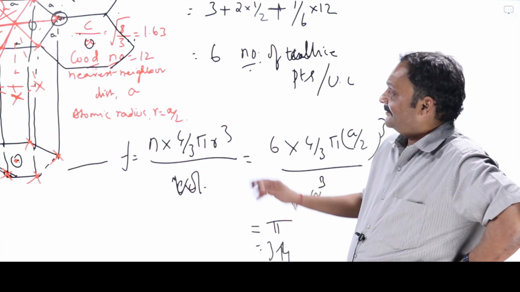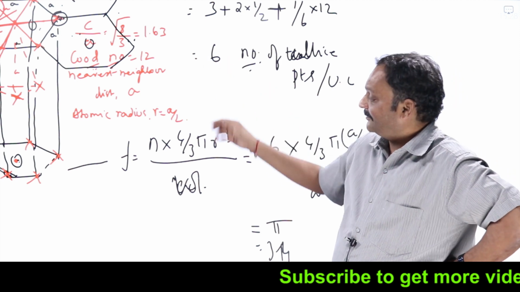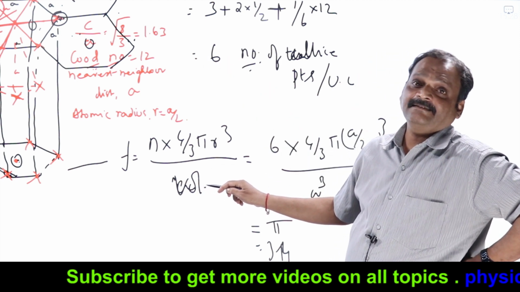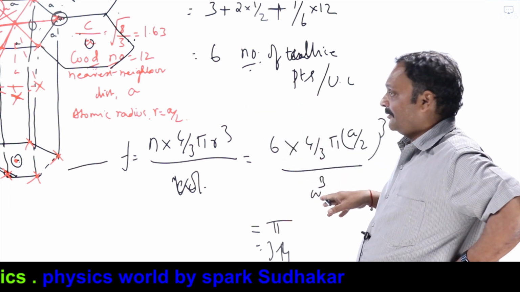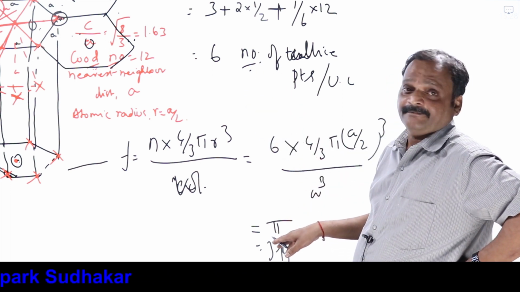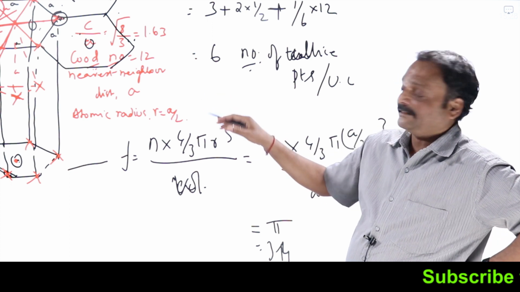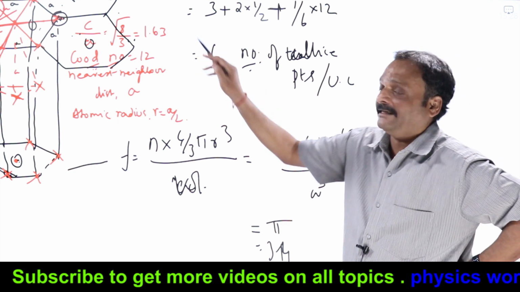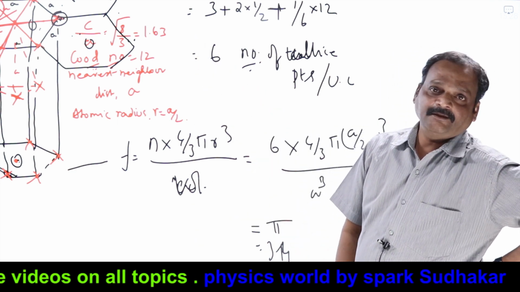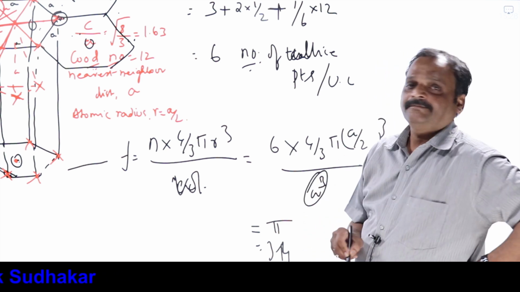In simple cubic, in BCC, in FCC, we have been substituting the volume of the unit cell as A cube. So with the same habit, they put A cube here also and get pi. But here the structure is not a cube, so its volume is not A cube. We have to substitute the volume of the hexagon. This is where most students go wrong.